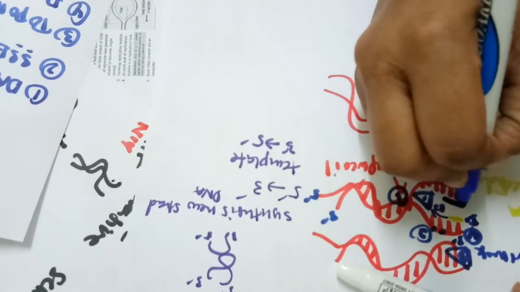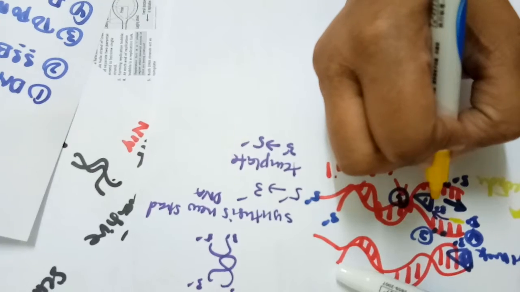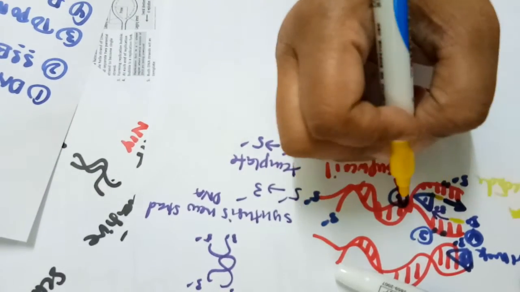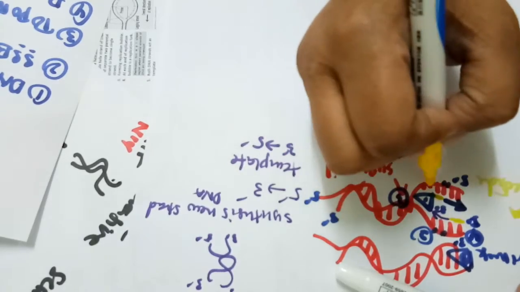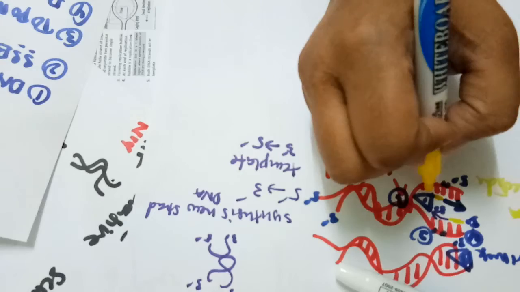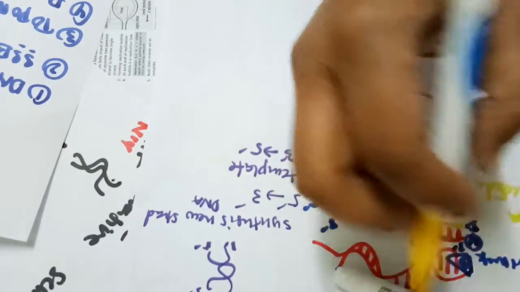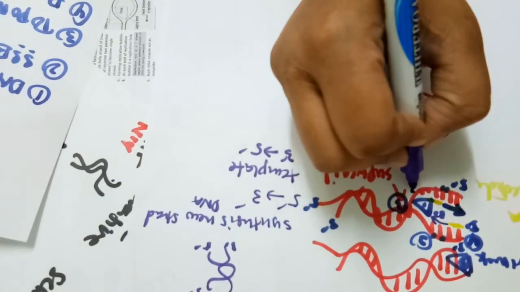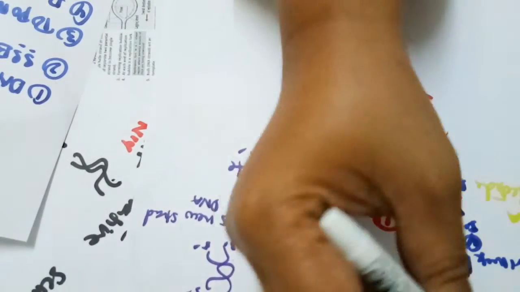So the RNA primer, or primase, will add the RNA primer at the 3' end of the DNA strand. So here is the 3' end, because here is 5'. So near here is 3'.